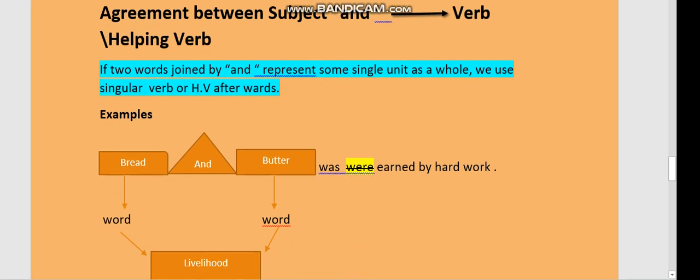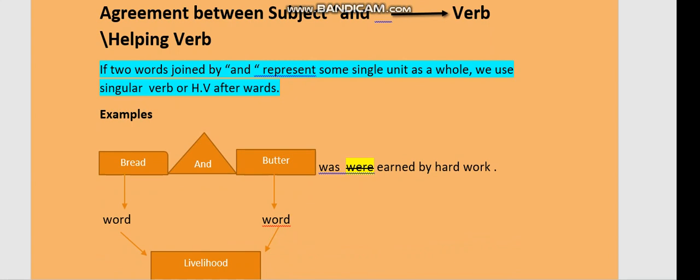For example, bread and butter. Bread is a singular word and butter is also a singular word, and these two words show a single entity, that is livelihood. Livelihood is actually singular, so our helping verb should be singular. Why? Because bread and butter is a singular subject.